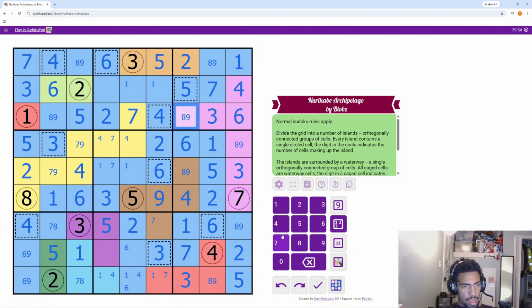That's right. So I have a bunch of 8s and 9s around the board. But none of them are next to each other. Oh, well, this is a 7, right? So this is a 9 now. And this is an 8.